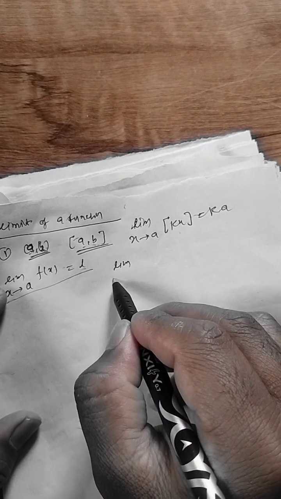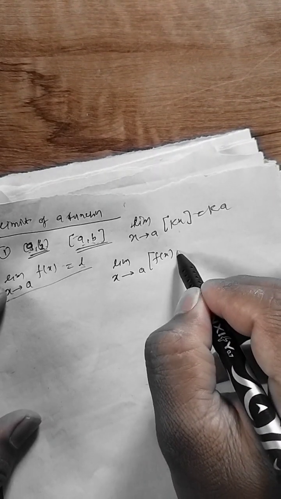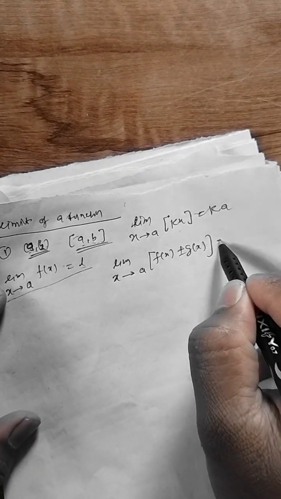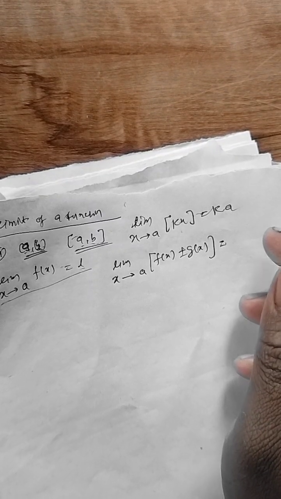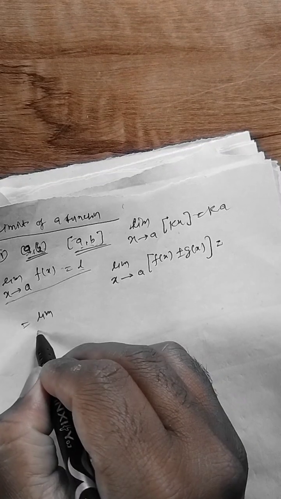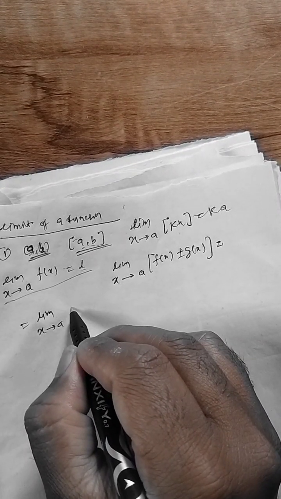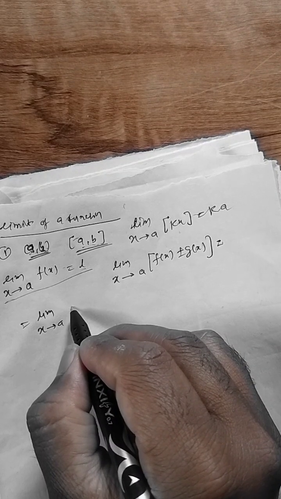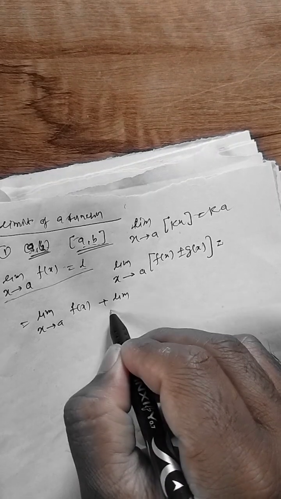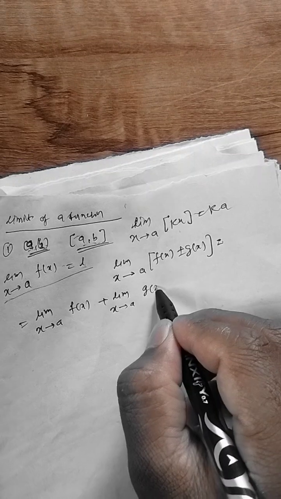Limit x tends to a, f of x plus or minus g of x is equal to limit x tends to a, f of x plus or minus limit x tends to a, g of x.